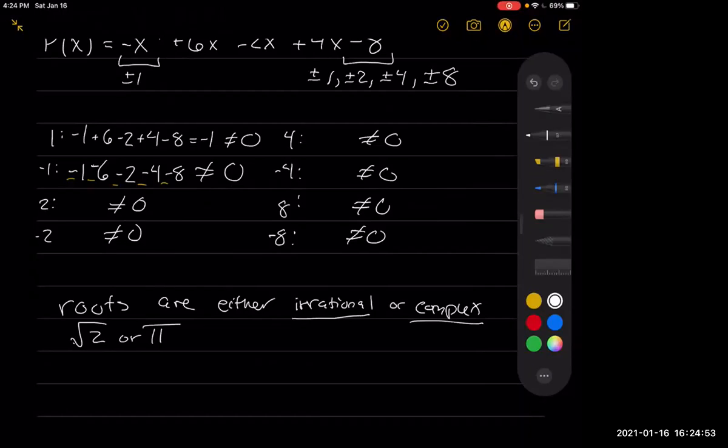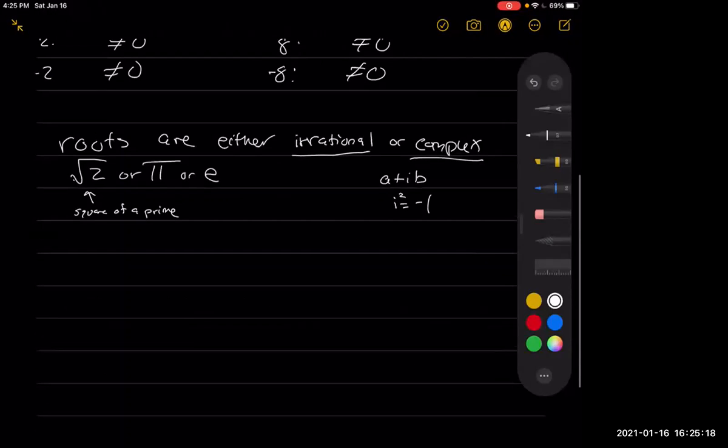That's usually the square root of a prime or something like pi, or e is another one. And a complex number is of the form a plus ib, where a and b are real numbers and i squared equals -1.